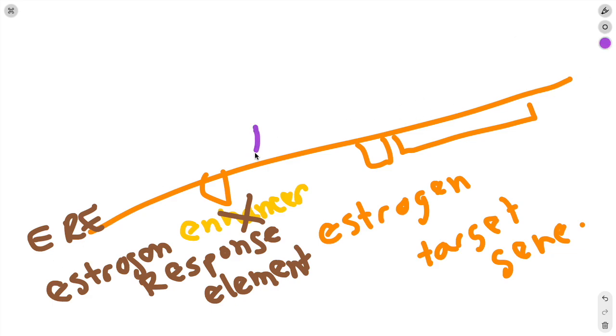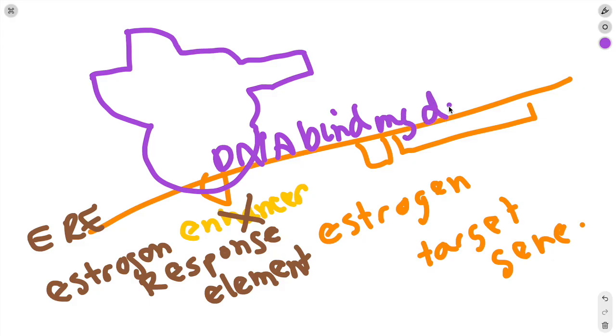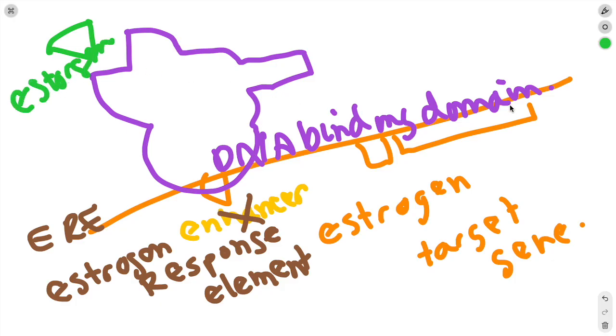And obviously, the estrogen receptor must have a DNA binding domain. This is the region that binds the DNA, that brings it specifically to that response element, that enhancer. We know it must also have a ligand binding domain, because there's estrogen, right? A ligand is a term for a small molecule that binds to a receptor and regulates it.